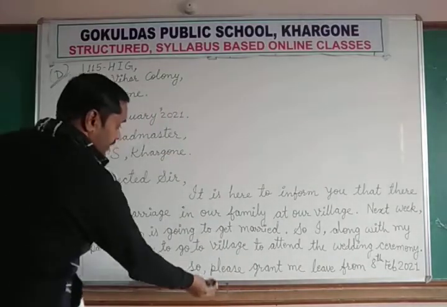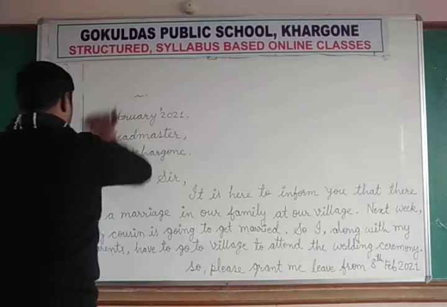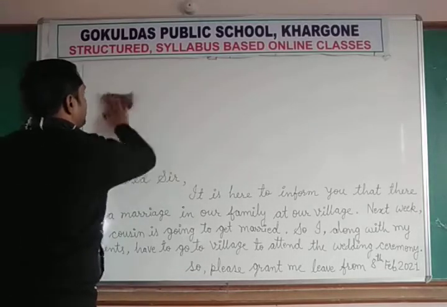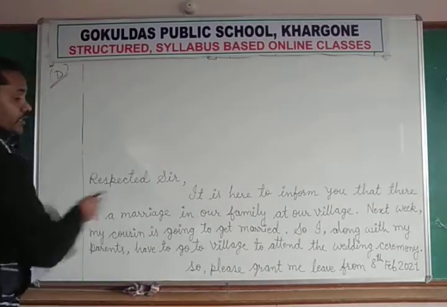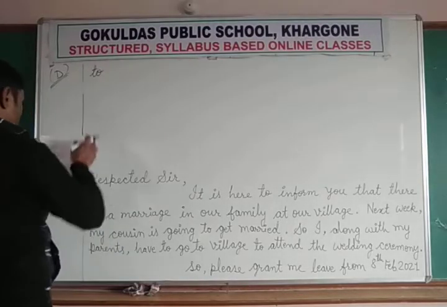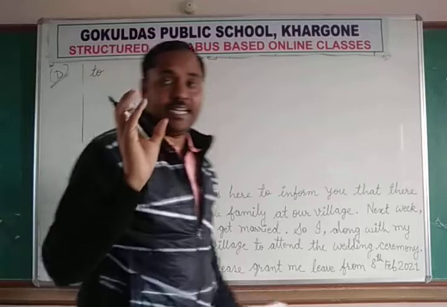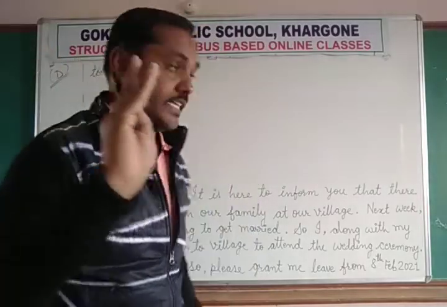Okay, when we finish here we will continue here, but I don't have the space, so I am writing here. I am continuing this line from here. From 8th February to, now you can count the days, 8, 9, 10, 11, 12, 13, 6 days.